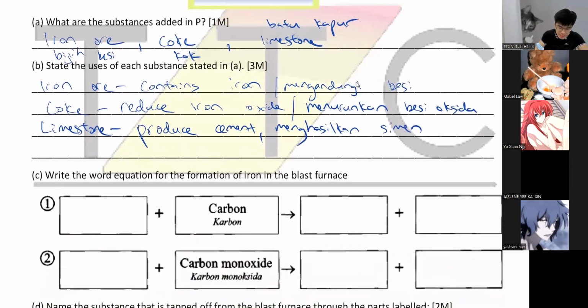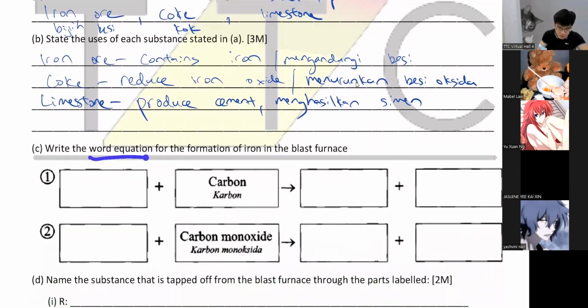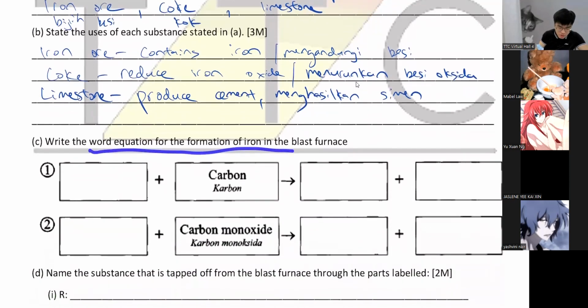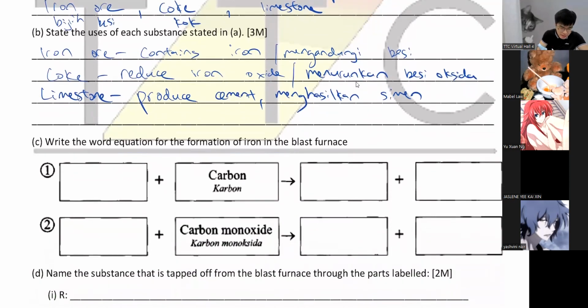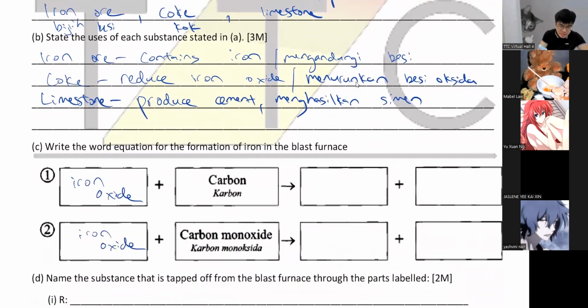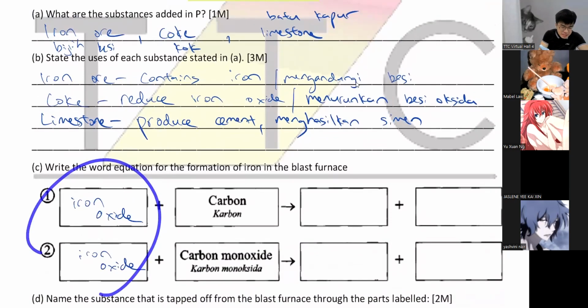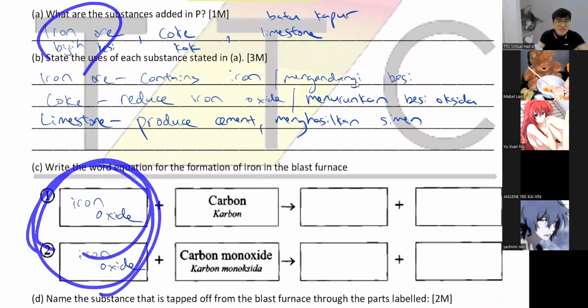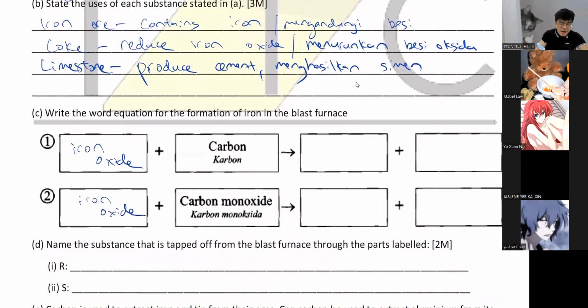So next, C, write the word equation for the formation of iron. So how do we get iron here? Like I said just now, you start with iron oxide, besi oksida. This is the iron ore, the raw material. And I have carbon and carbon monoxide here. Don't care.